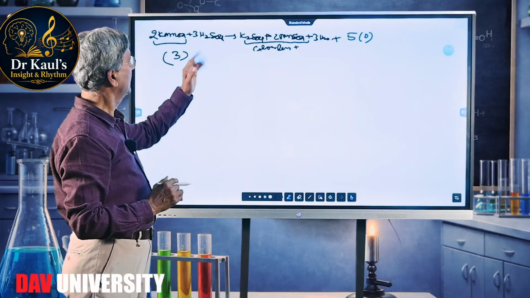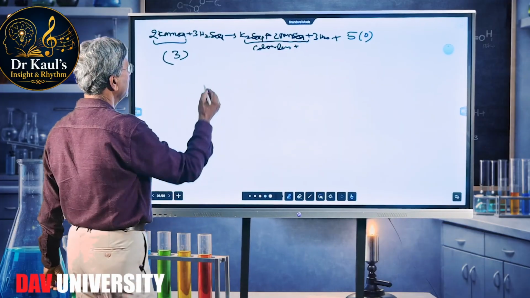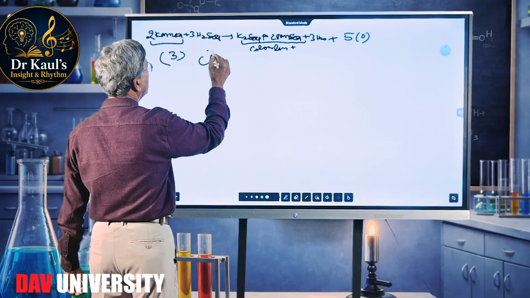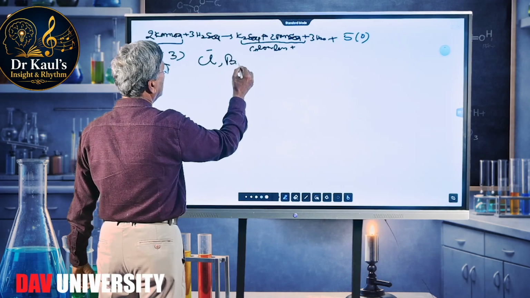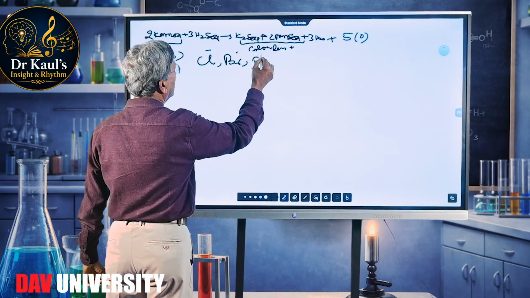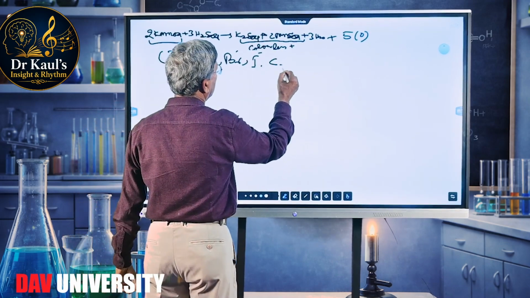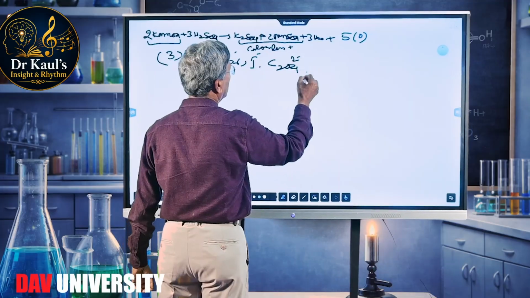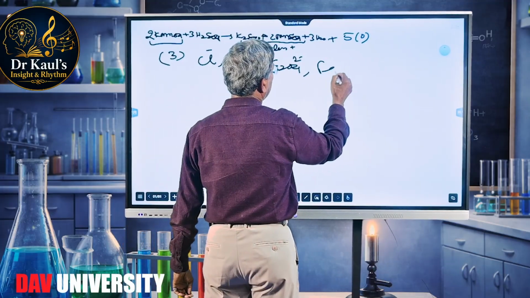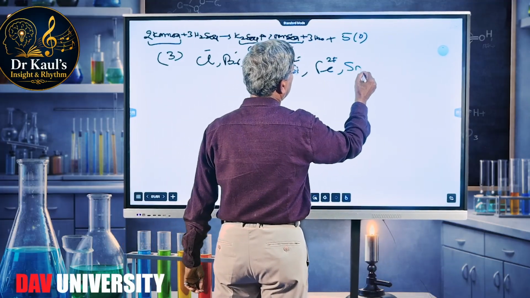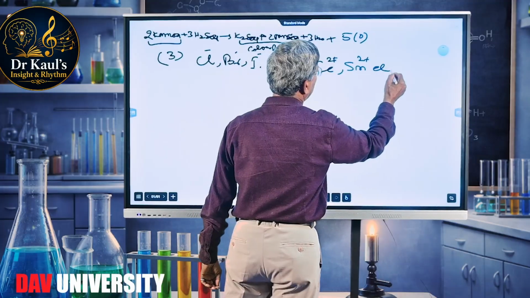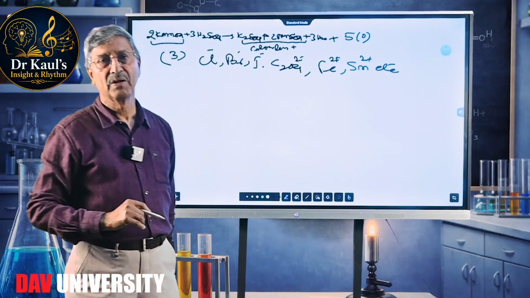So if the color of the KMnO₄ solution is not discharged, then the ions which we indicated, chloride, bromide, iodide, oxalate, then ferrous, tin, etc., may be absent.